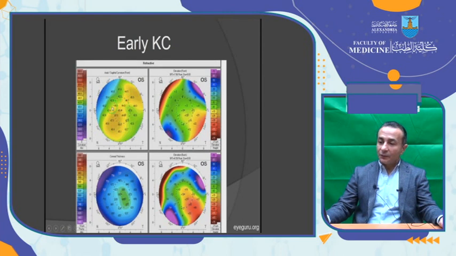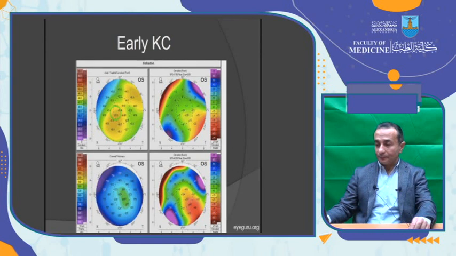So in the pupil you can find many different keratometric readings, and this may lead to irregular astigmatism and image distortion. Also, this is the pachymetric reading. Although it is not a thin cornea, this represents an early keratoconus due to the topographic appearance of the Pentacam.